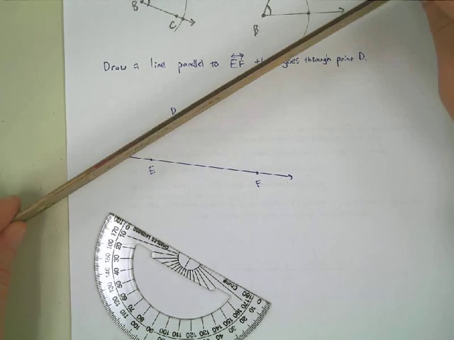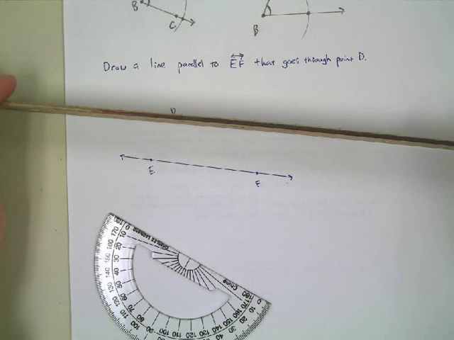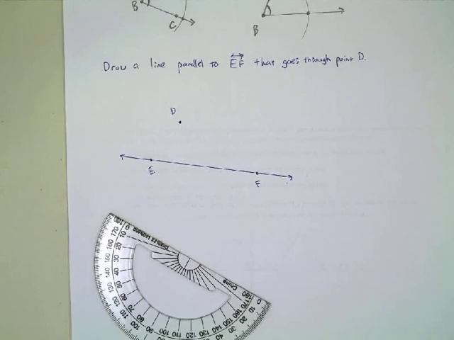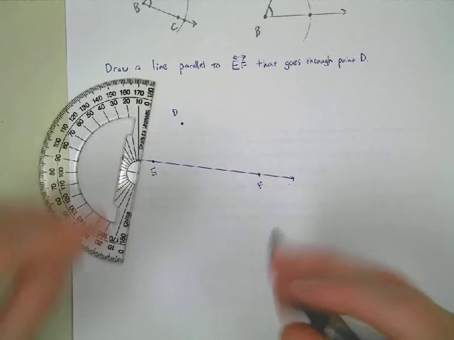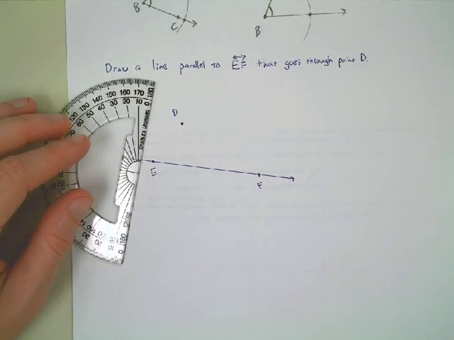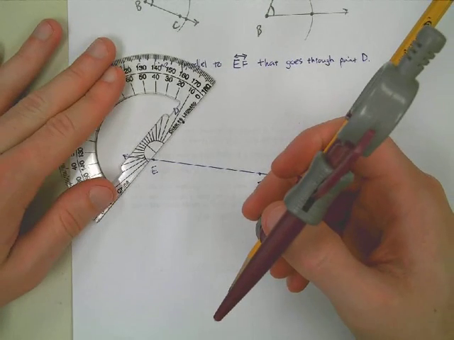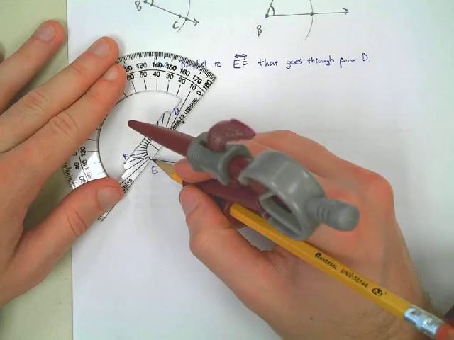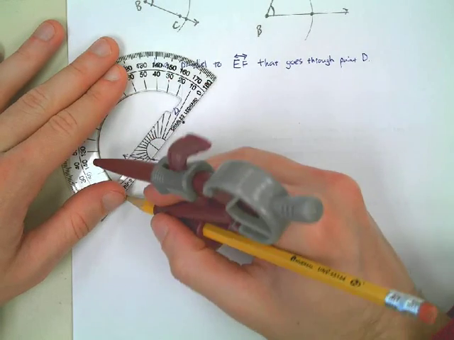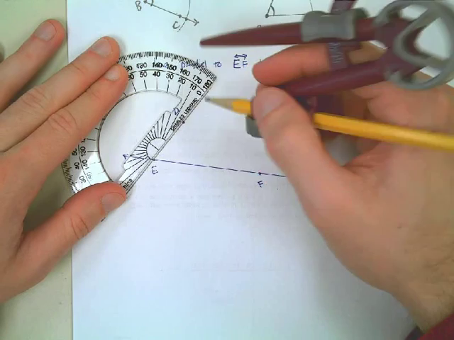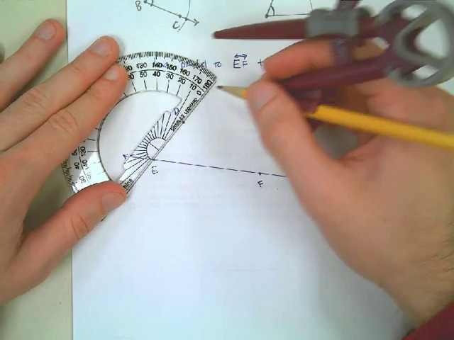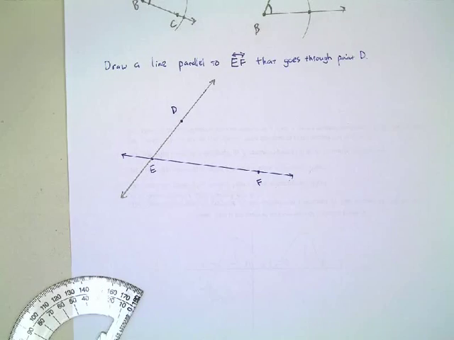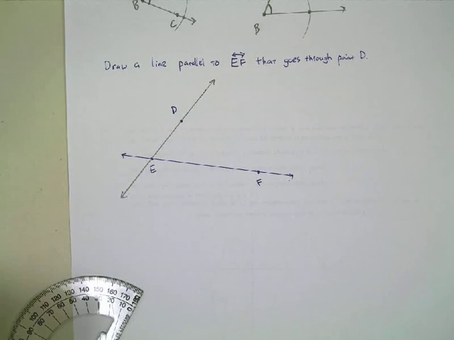Well, here's what we're going to do. We're going to make a transversal here that goes through DE, for example. So draw this transversal in. By drawing in this transversal, we create an angle here, that angle DEF.